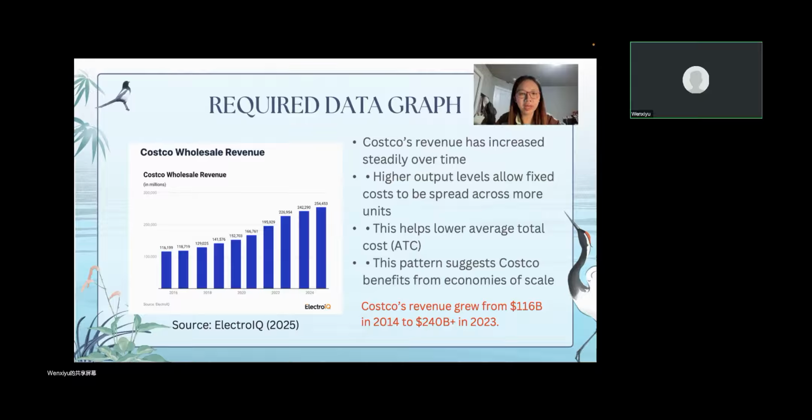In other words, economic theory explains how larger scale lowers cost, and Costco's growth shows how that theory works in the real world. This is why economies of scale is the best explanation for my original expectation that Costco can keep prices low through large-scale purchasing and high sales volume.